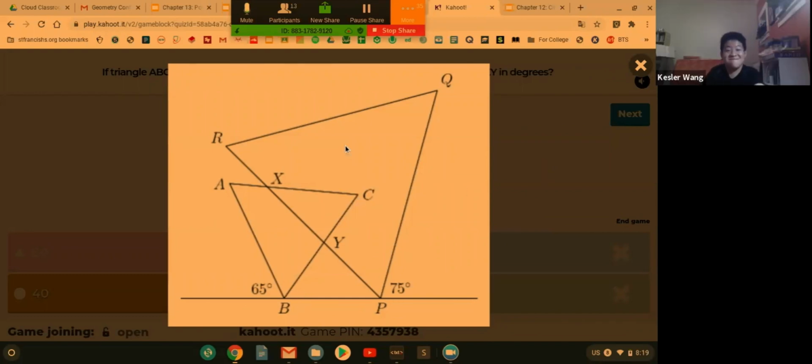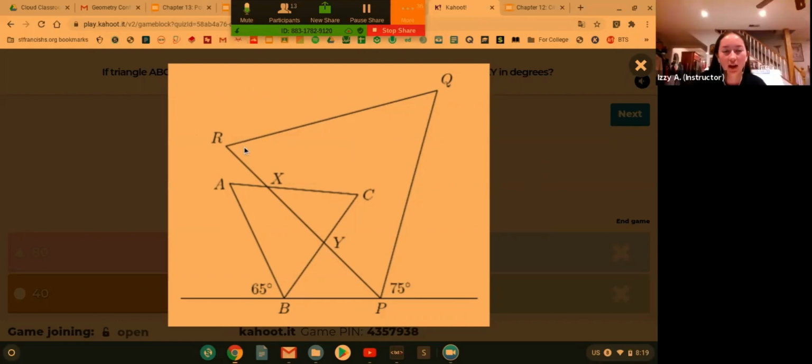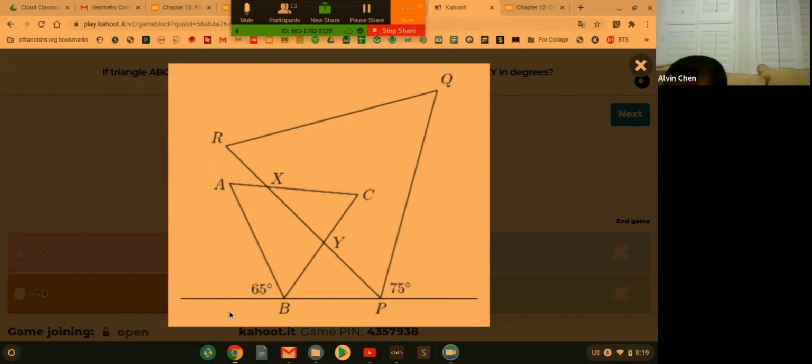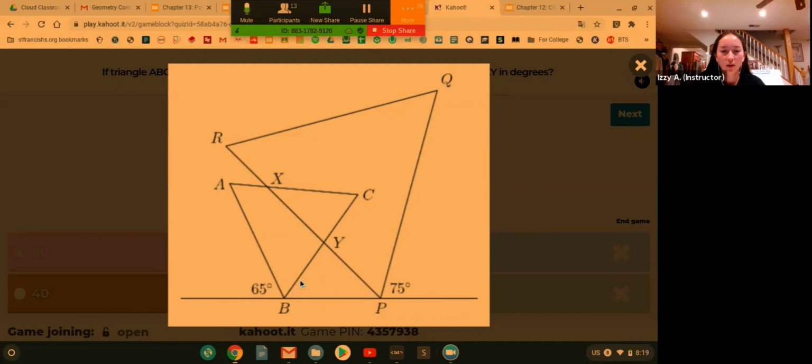Okay, so we know that these two triangles are equilateral triangles. So then the angles are all going to be 60 degrees. And we know that this is a line. So what you want to do is find angles ABC and YPQ first.